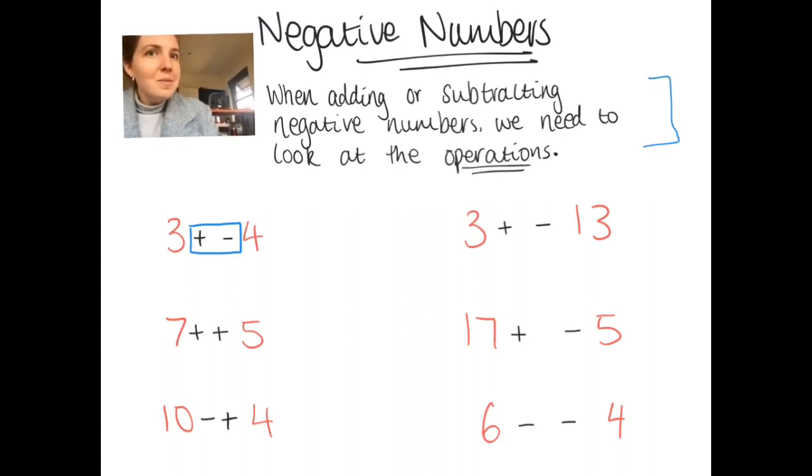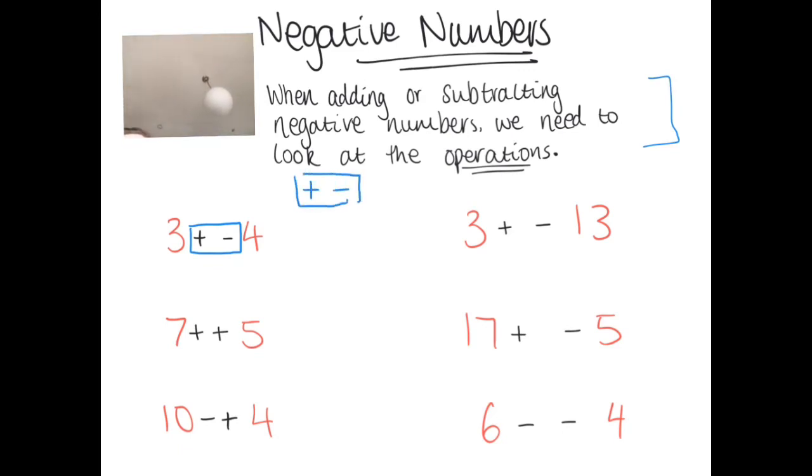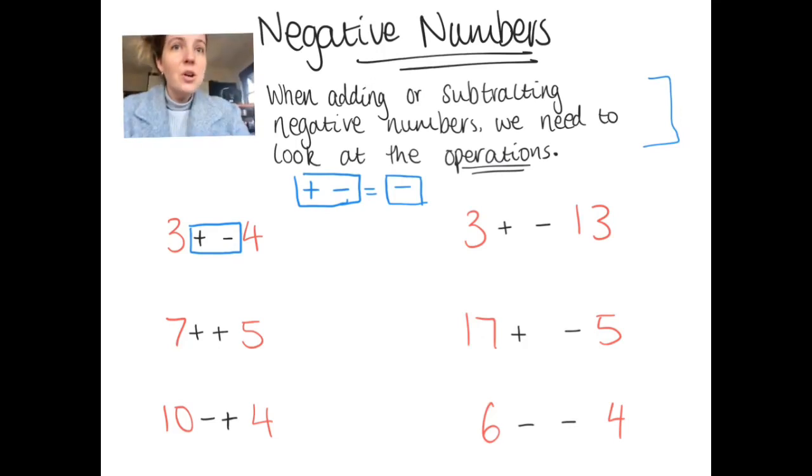Essentially, my negative is really strong and it's overpowering that positive. So when you have a positive and a negative symbol, it actually just means a negative symbol. It's going to override the positive. So this question is actually asking me 3 take away 4.